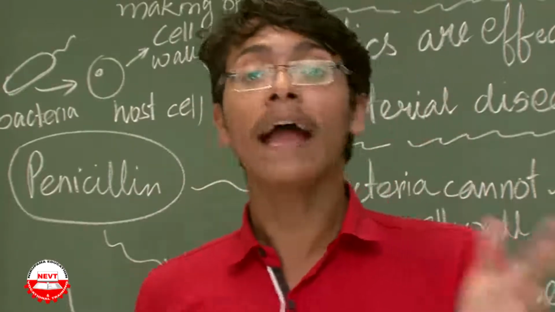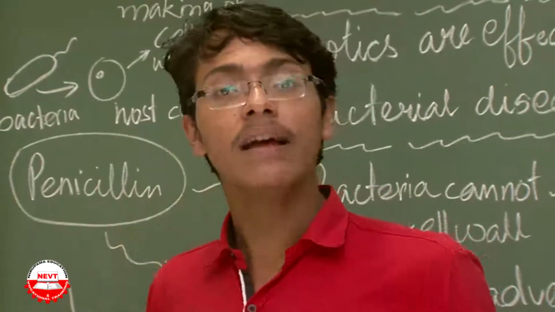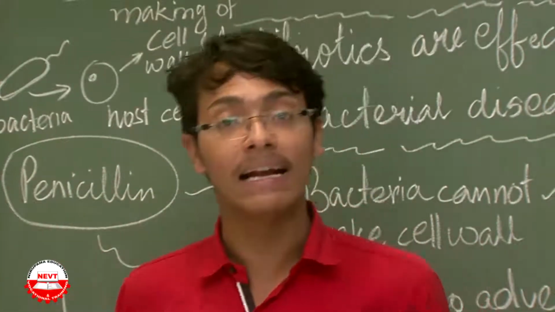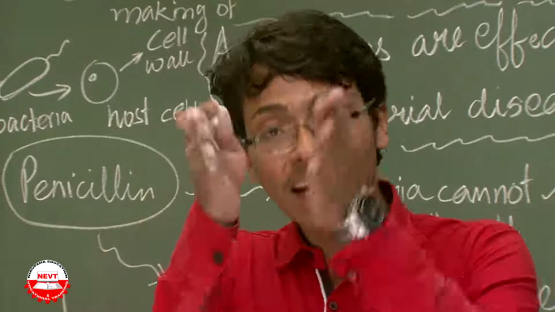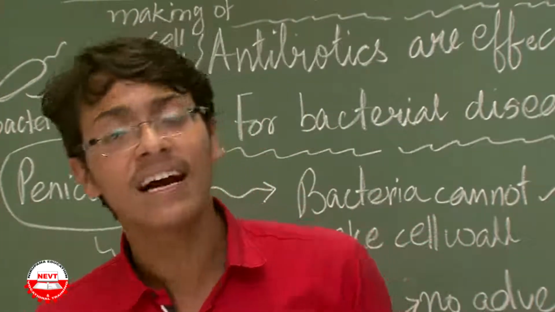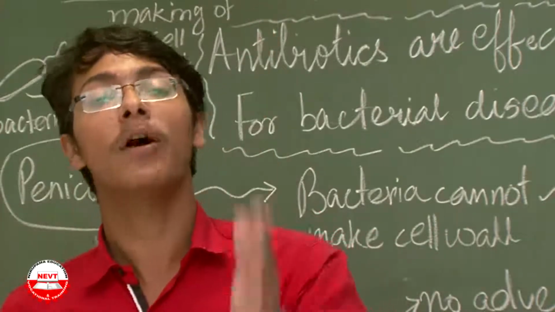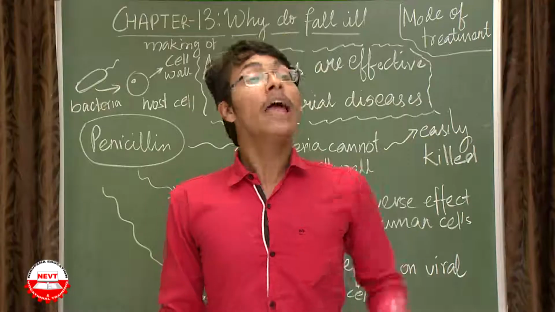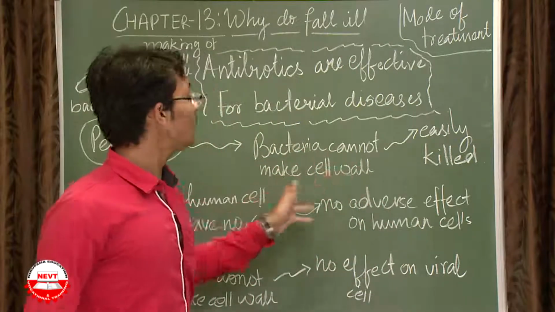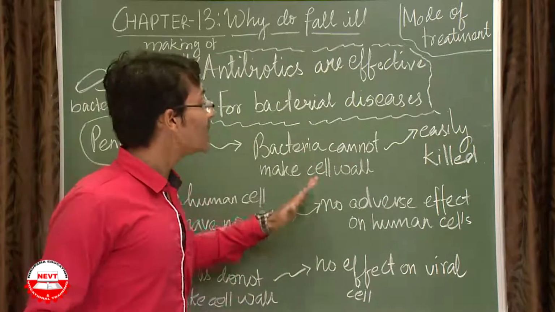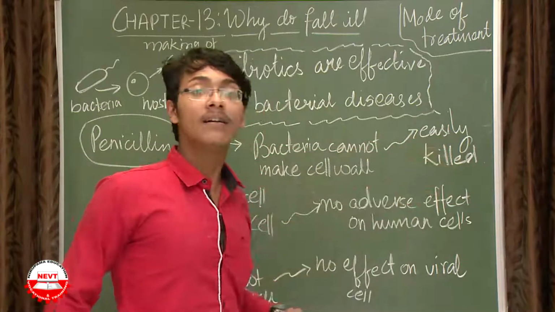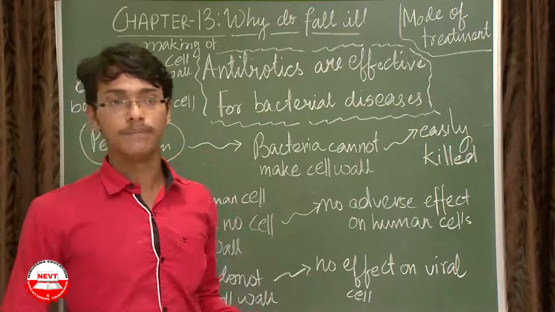Now, if an antibiotic like penicillin is given to an individual suffering from bacterial disease, the penicillin intervenes in the process of cell wall making. It obstructs the making of the cell wall. When bacteria cannot make the cell wall, they will be easily killed by the human immune system.